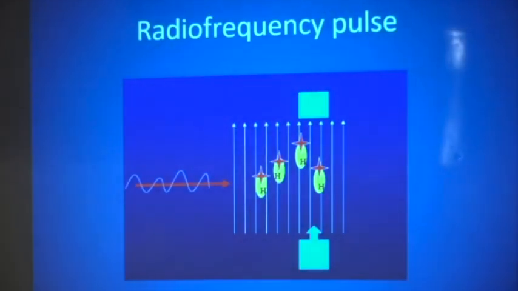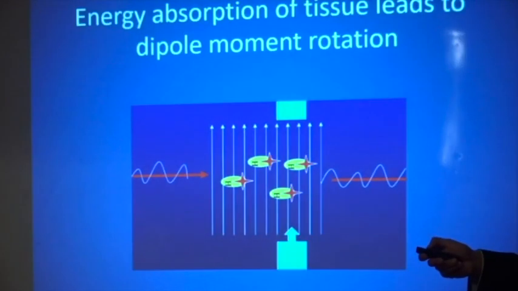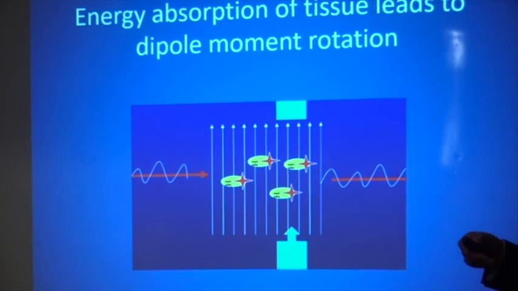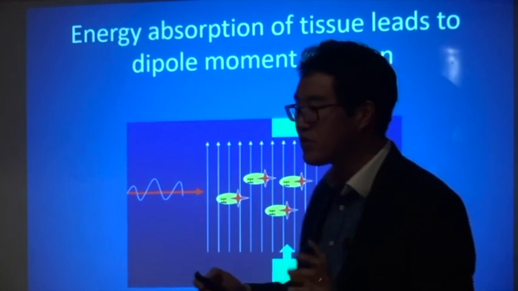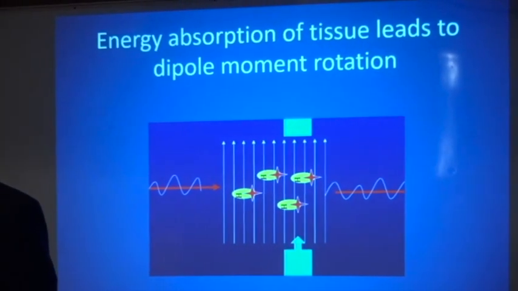So the first thing I want to do is show you how this works. This is a radiofrequency pulse, and the protons are then zapped, and then the protons are rotated 90 degrees. In order for you to remember this, we're going to do this in live time. So I want you to put your hand on the person to your right.